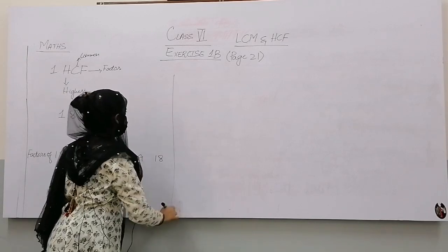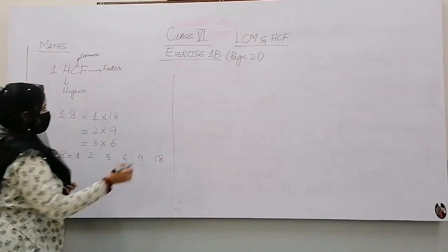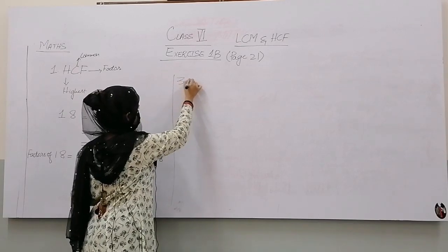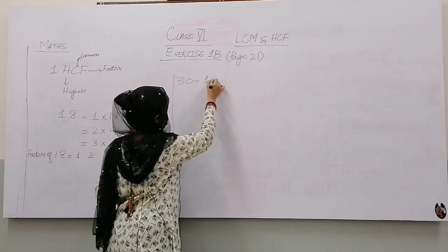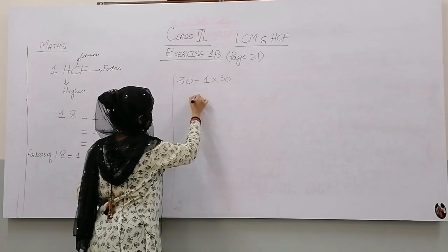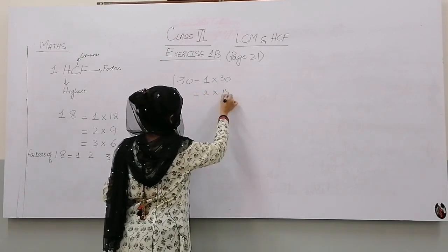We have to find out the HCF of two numbers. Let's say 18 and the other number is 30. 1 into 30 is 30. 2 into 15 is 30.